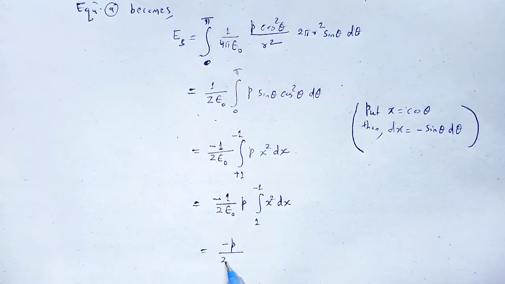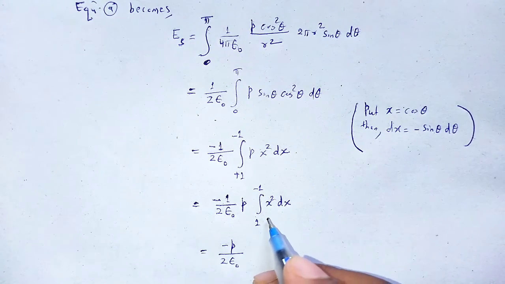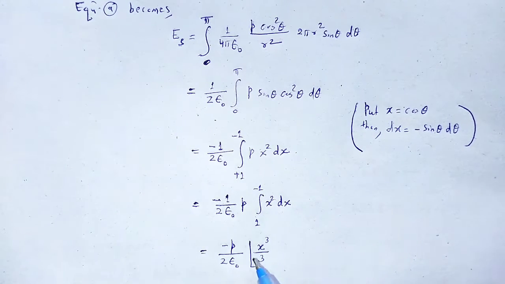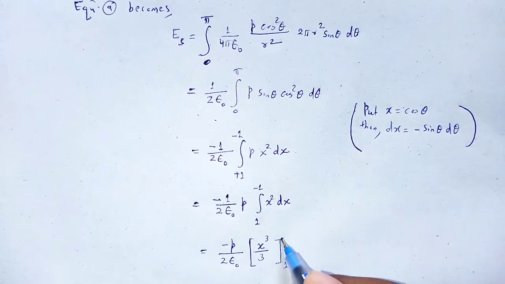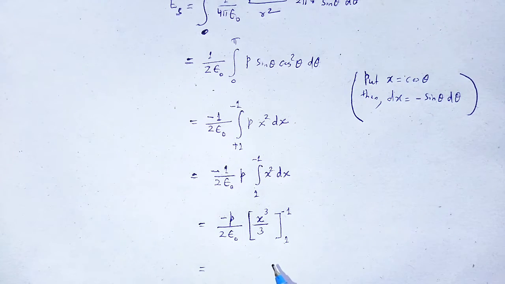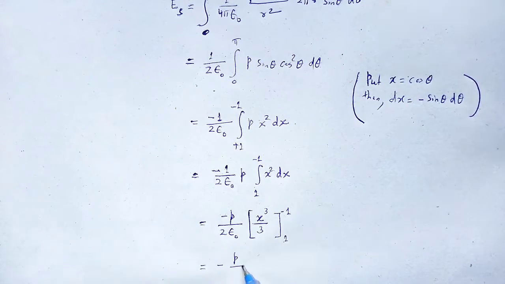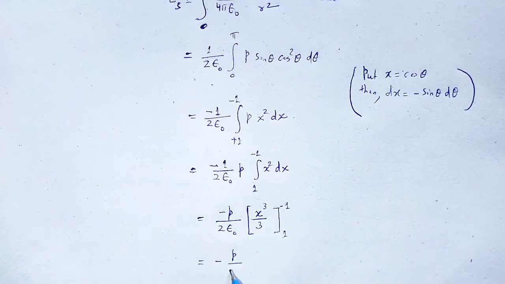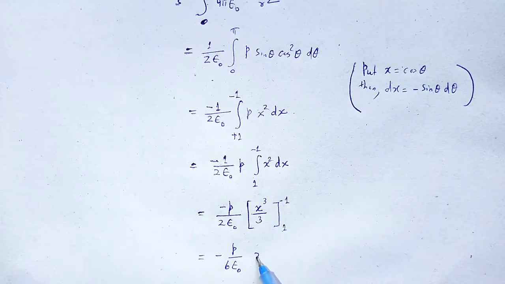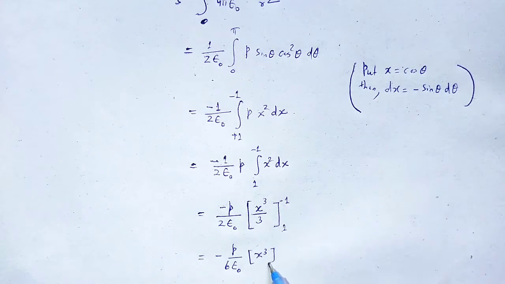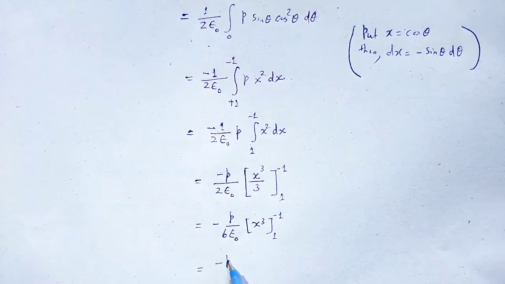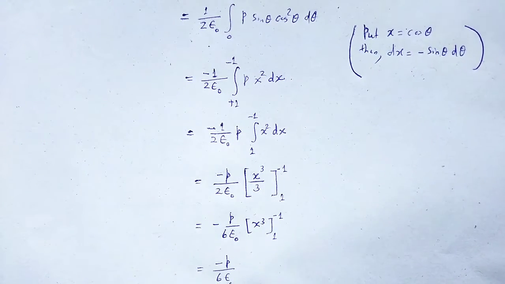Minus P divided by 2 epsilon naught, the integral x cube by 3 using the limit 1 to minus 1, minus P by 3 outside, it will be 6 epsilon naught, x cube limit from 1 to minus 1, is equal to minus P by 6 epsilon naught.